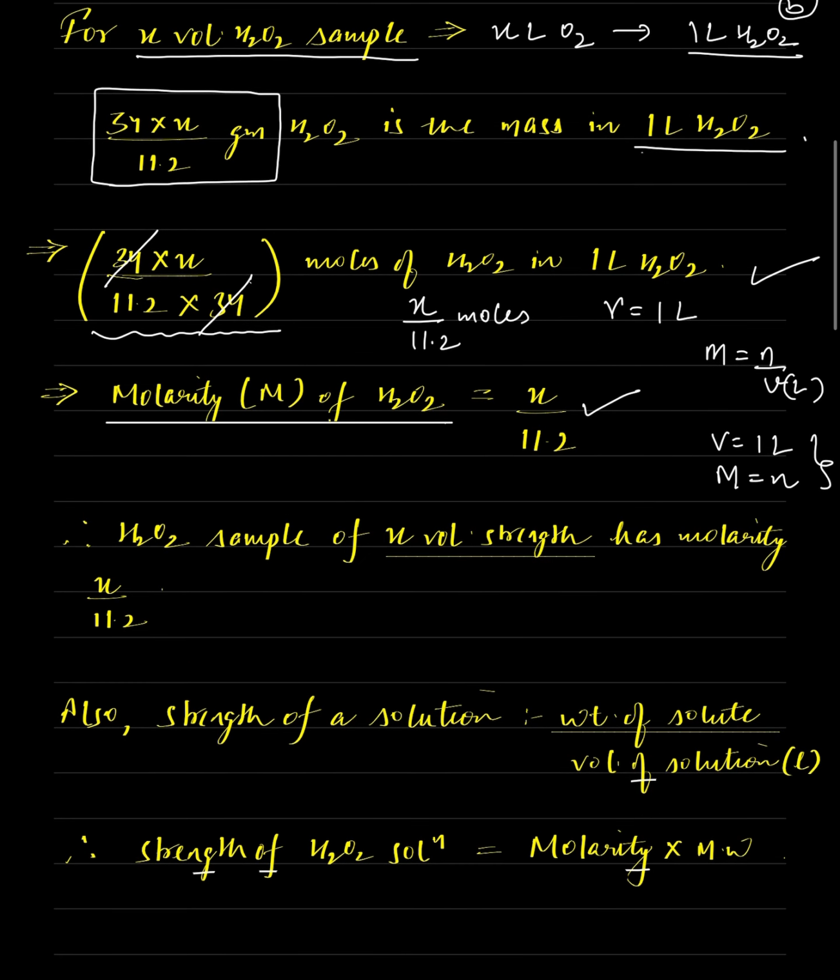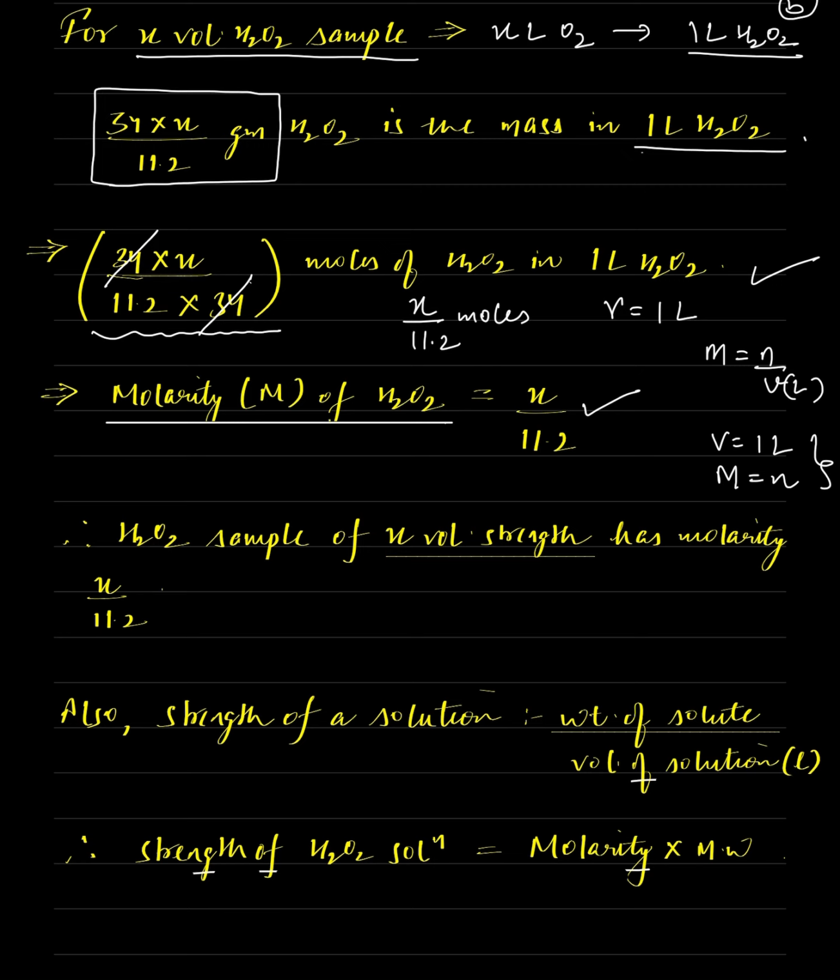Now sometimes in the questions they ask us to calculate the strength of H2O2 in different terms. If they ask us to calculate the strength of H2O2 in terms of molarity, then directly apply this formula, x upon 11.2.